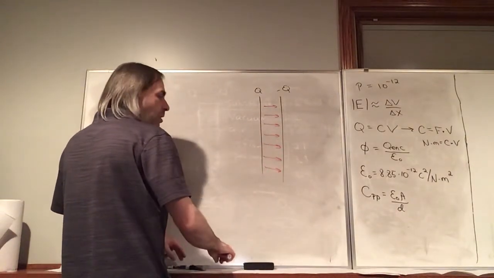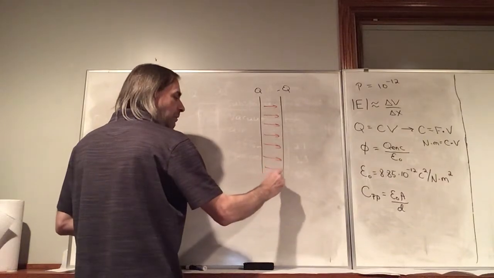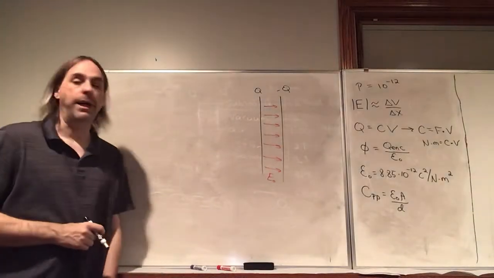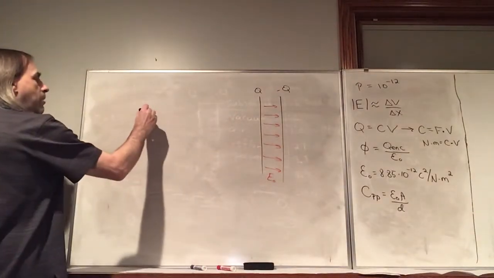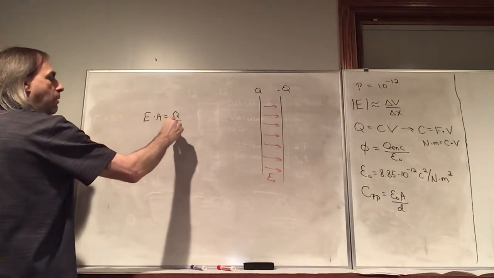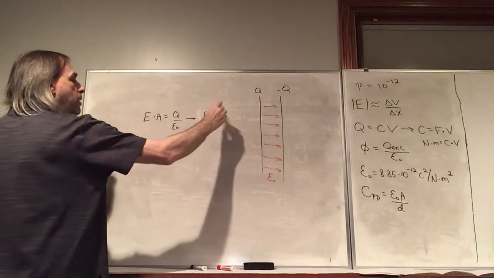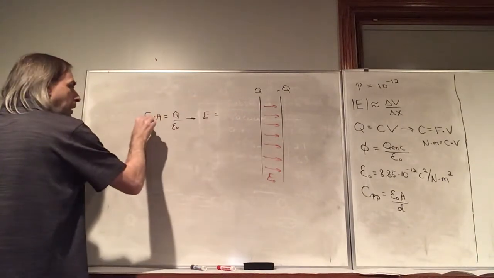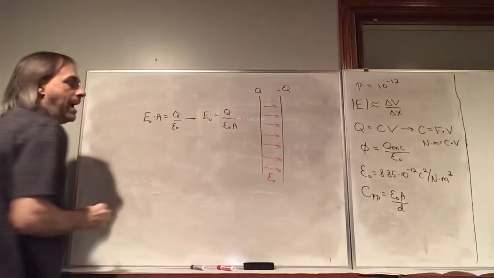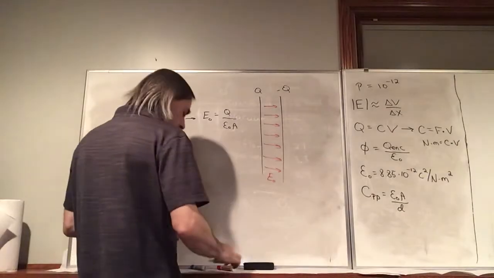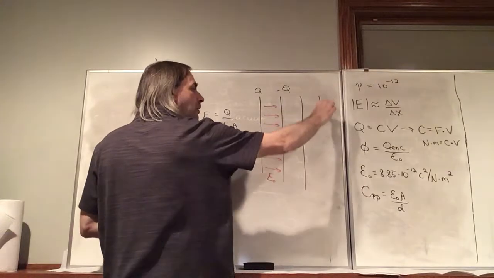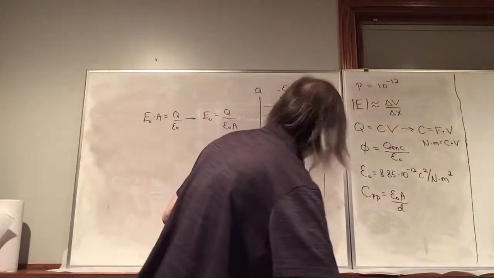And what we found before, let's call this E naught, because there's nothing in between the two plates. So from Gauss's law, remember E times A was equal to Q over epsilon naught. So the electric field in between the plates, E naught, was Q over epsilon naught A. So now let's look at our capacitor with this dielectric in between the two plates.